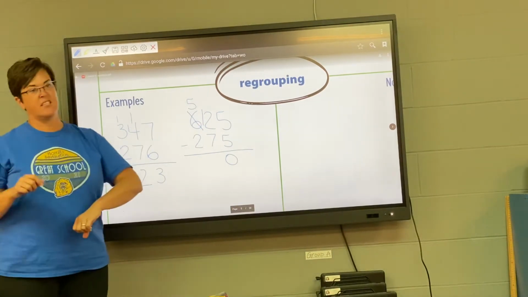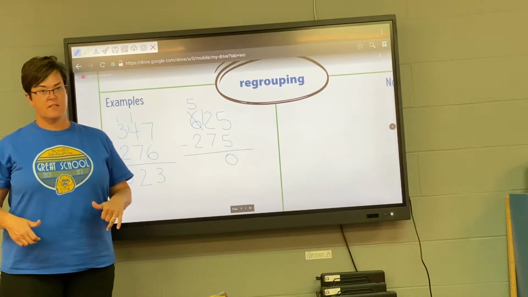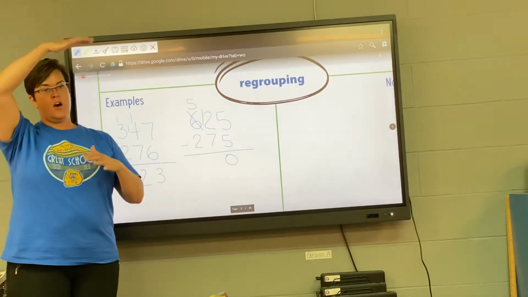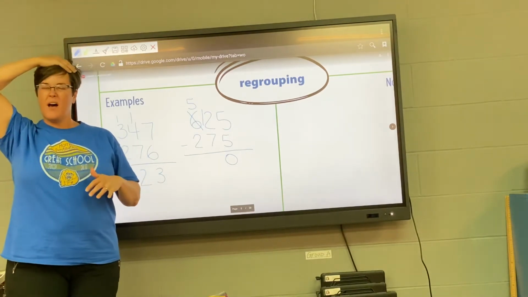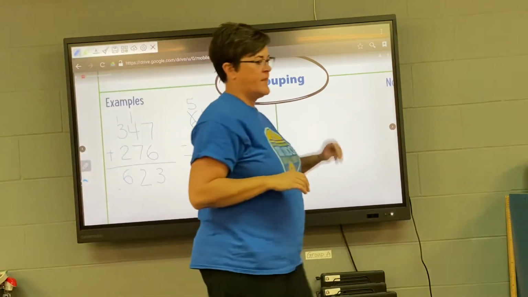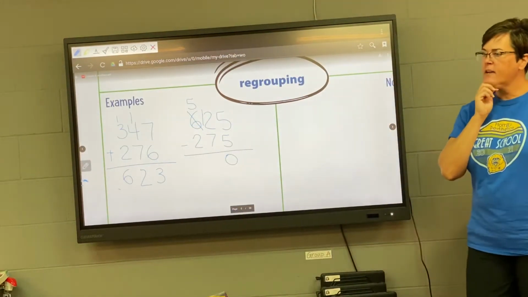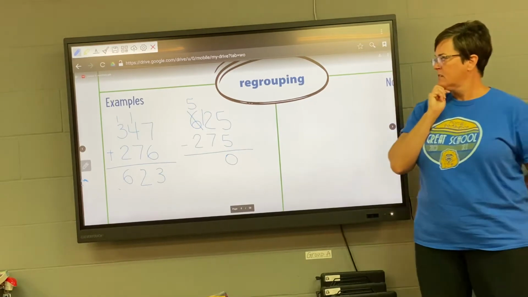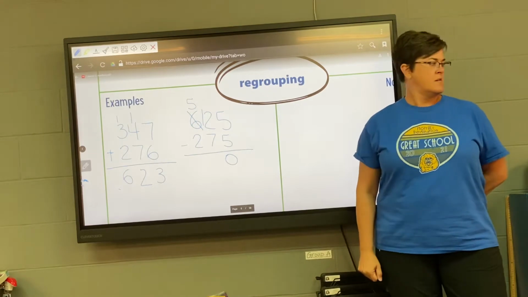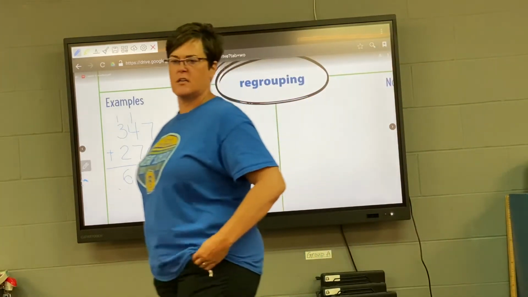Can I subtract 12 minus 7? Because my larger number is now on the top. So what is 12 minus 7? Don't blurt it out. Give people time to think. 12 minus 7. What do you think it is? Connor? 5.